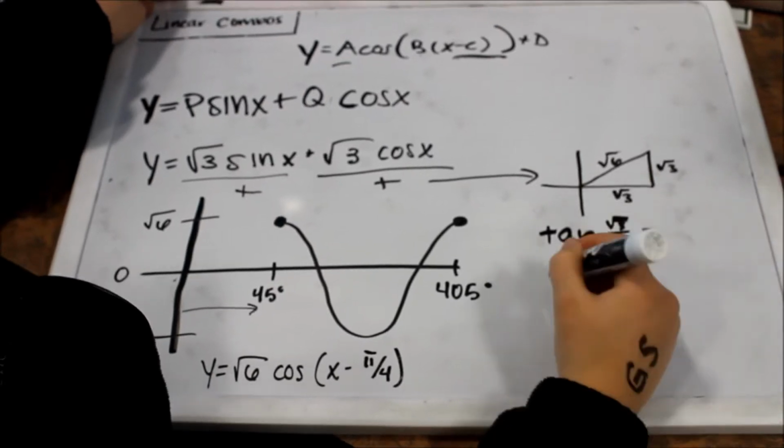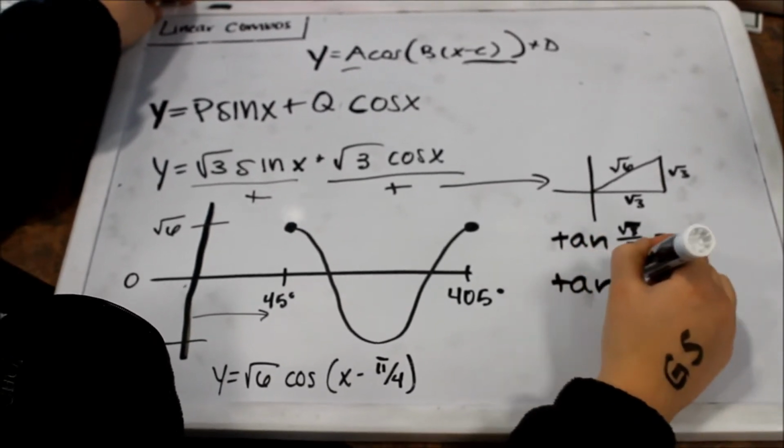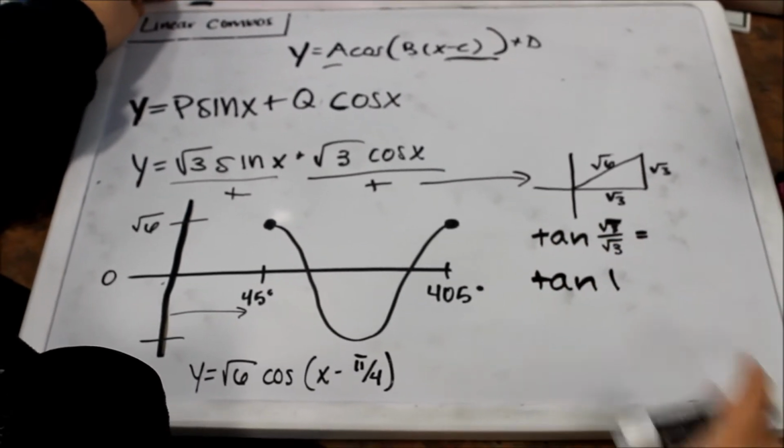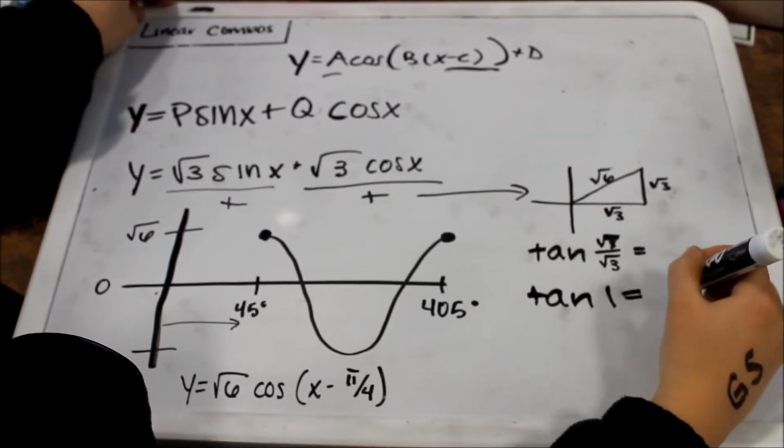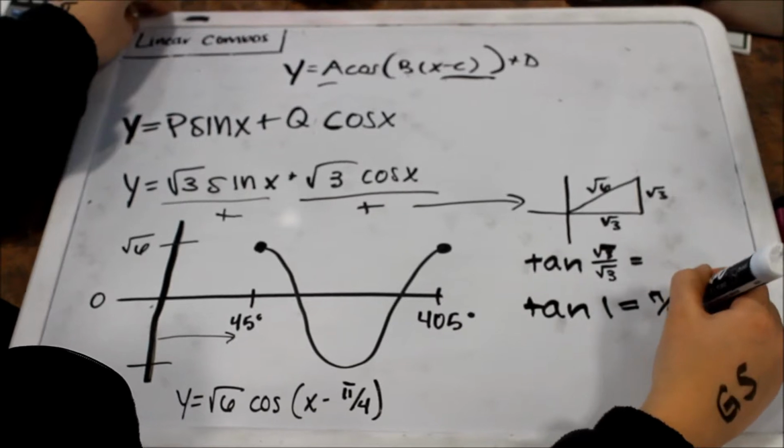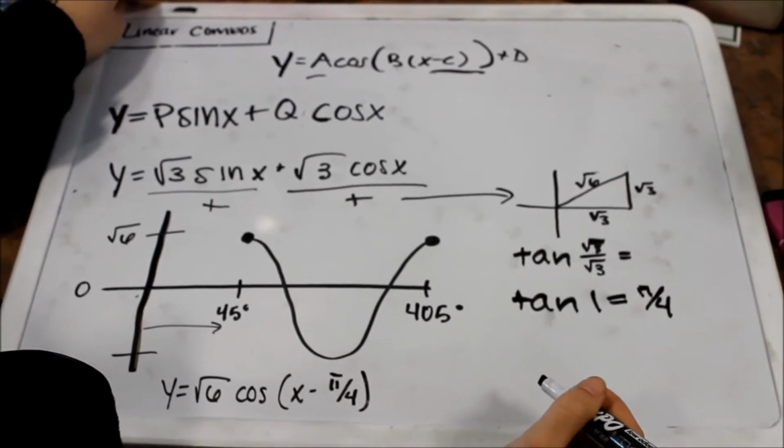So tangent of 1, where is it on the unit circle? Positive 1, it's at pi over 4. So that's how we know where we shifted to.